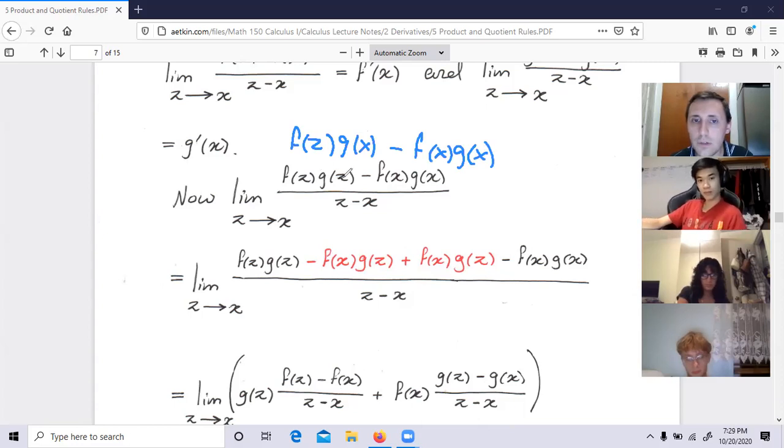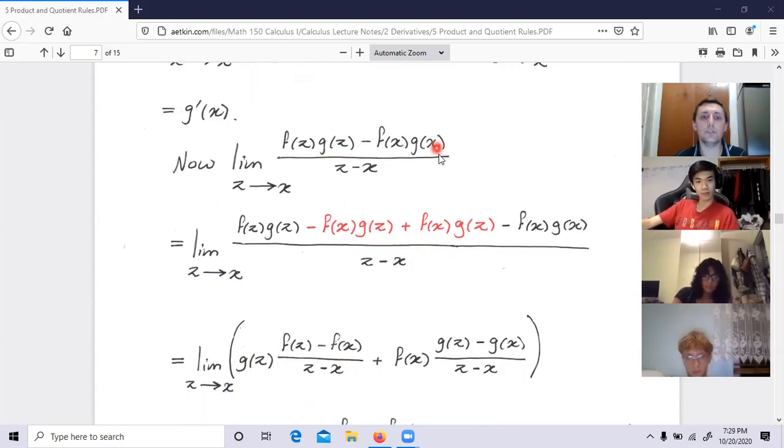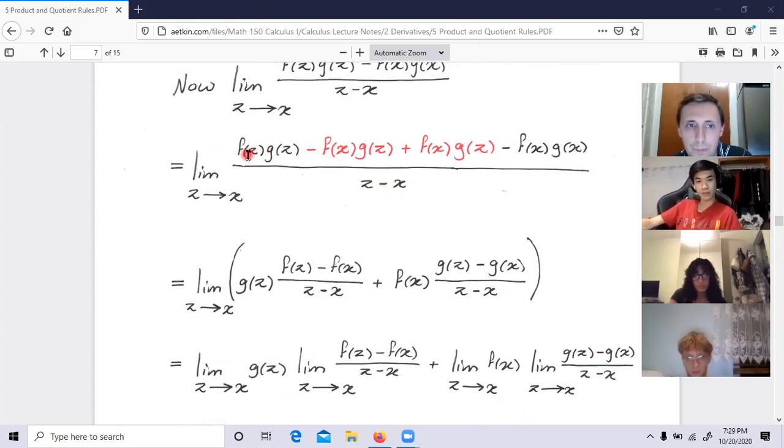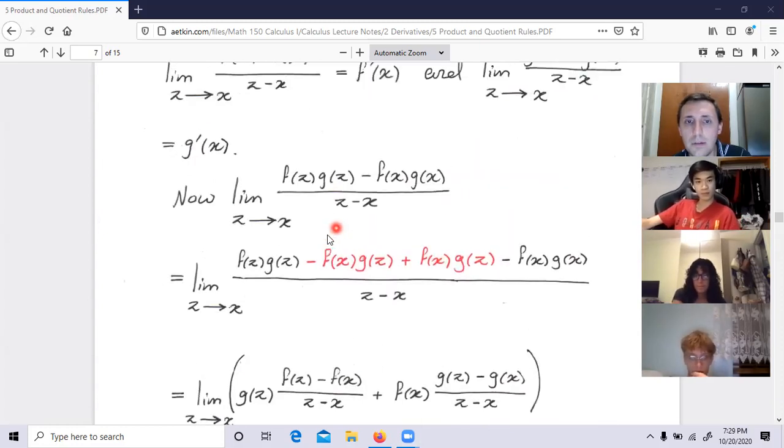But here we have g of z, g of x. They're not the same. There is a mixed term that we need. So then I introduce this mixed term. You see, if I introduce this part, I can factor out g of z. And then because I introduced it, if I subtracted f of x times g of z, I have to add f of x times g of z. And here, I can factor out f of x.